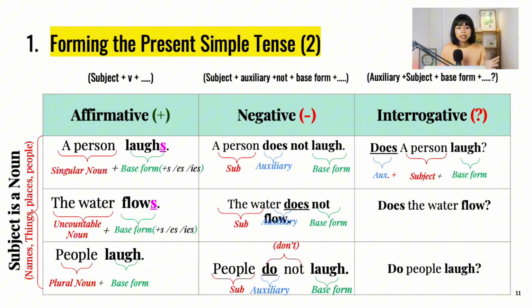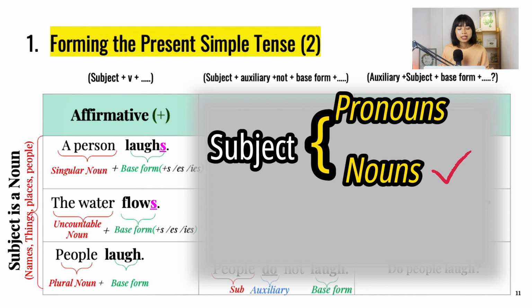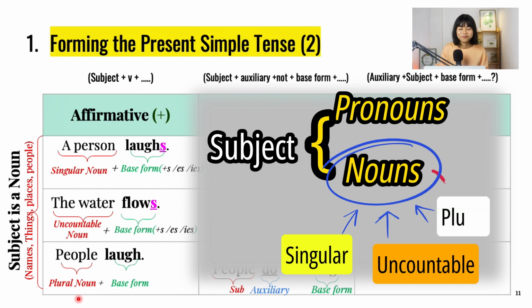To the next one. In this section, you will learn how to write the forms when the subject is a noun. To aid your understanding, I have divided the nouns into 3 categories: singular noun, uncountable noun, and plural noun.